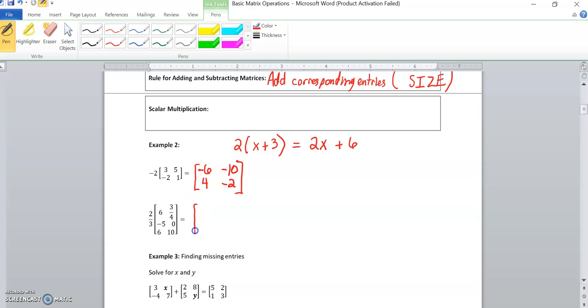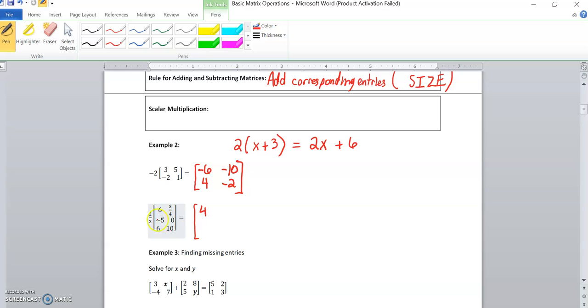If you had a fraction, it doesn't change anything. 6 times 2/3 is 4. This is negative 10 thirds, and then again 4. 2/3 times 3/4 is 6 over 12, which reduces to a half. Anything times 0 is 0, and then that's 20/3. It doesn't reduce.